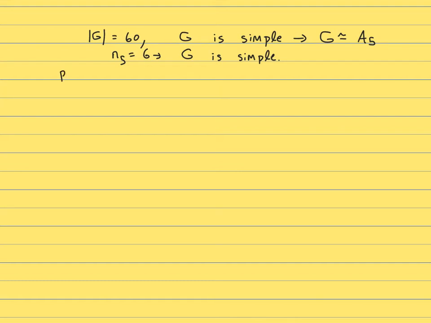So the proof goes in stages. First, we're going to note there does not exist a subgroup of small index 2, 3, or 4. And the reason is that if there was, you just let G act on the set of cosets by left multiplication. This would give rise to a permutation representation.